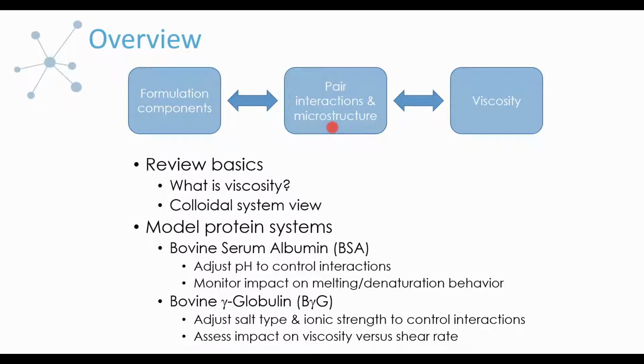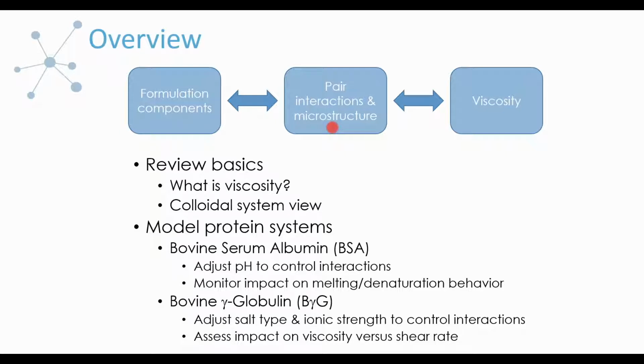So reviewing that, we're going to go into the data that we've collected, and look at how we've started to analyze the data with respect to how we've adjusted the formulation, what this might mean to the interactions that exist, and how we can interpret the viscosity data from those. The model proteins we're looking at are the bovine serum albumin, the BSA, where we're going to adjust the pH to control the interaction.